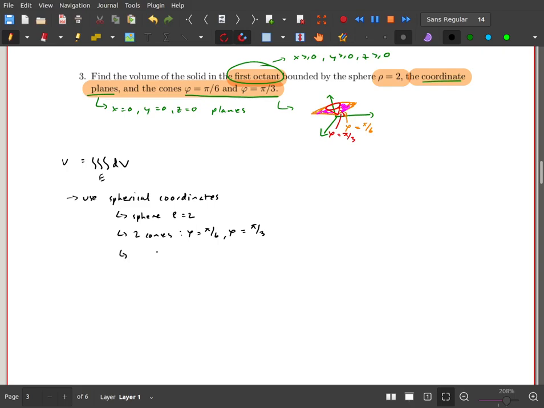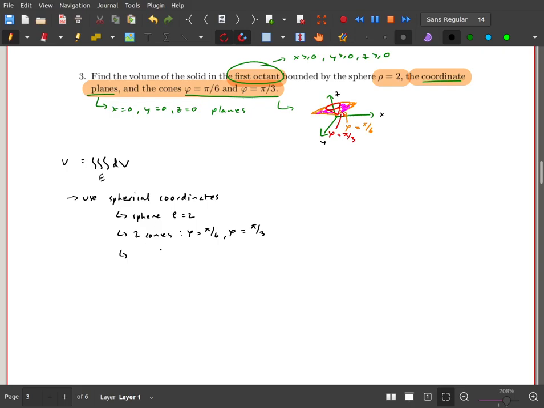Then we know that it's going to be bounded in the coordinate planes, so the positive ends only. So in the first octant, so positive values of x, y, z only, and we're going to cut it off at x equals 0, y equals 0, and z equals 0. So z equals 0 will be our lower bound, x equals 0 will be our lower bound, and y equals 0 will also be our lower bound. So we're going to cut that off there.